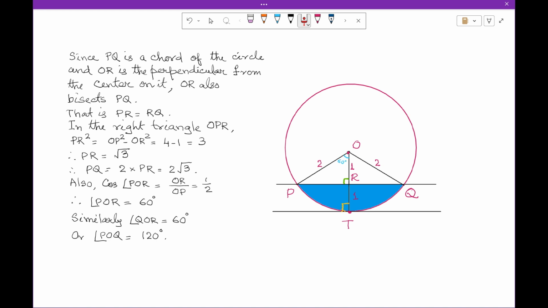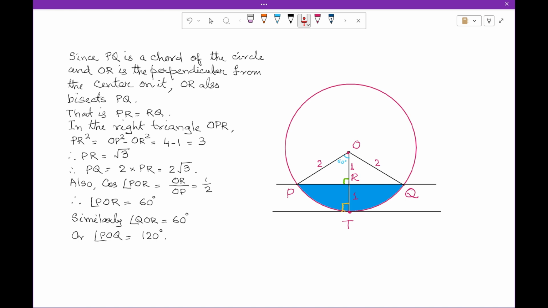Now consider this angle. Cosine of this angle, or cosine of angle POR, is equal to OR divided by OP. And OR being 1 and OP being 2, cosine of angle POR is half. Since cosine of an angle is half, that angle itself is 60 degree. So this angle is 60 degree.